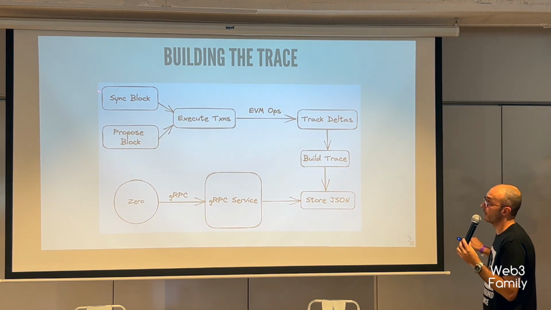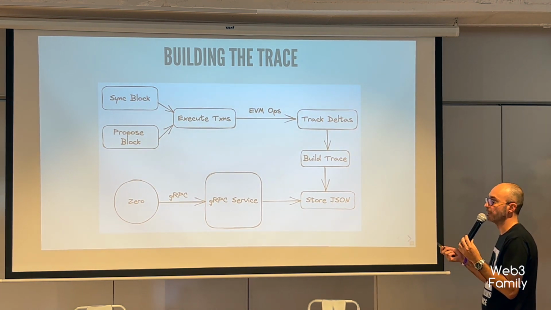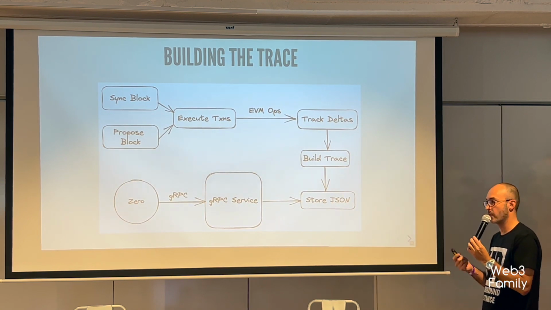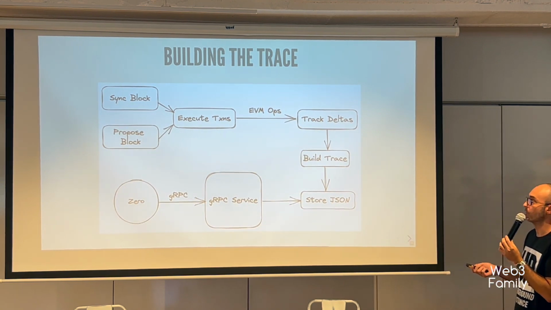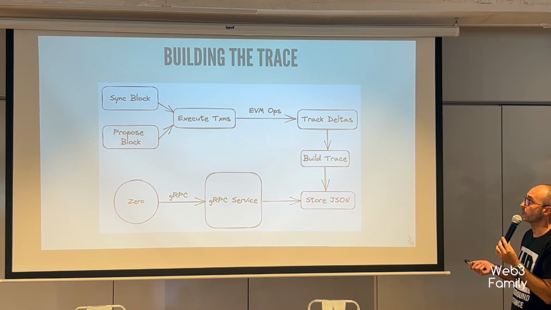As we are going to generate those traces from syncing blocks or proposing blocks, any client will be able to generate traces. So not only the validators or the block proposers, but anyone who syncs blocks will have those traces, because they are going to execute transactions and generate the traces anyway.